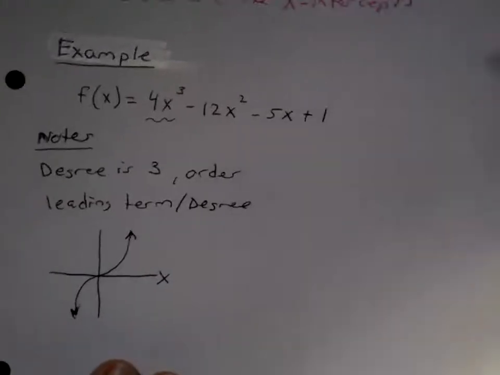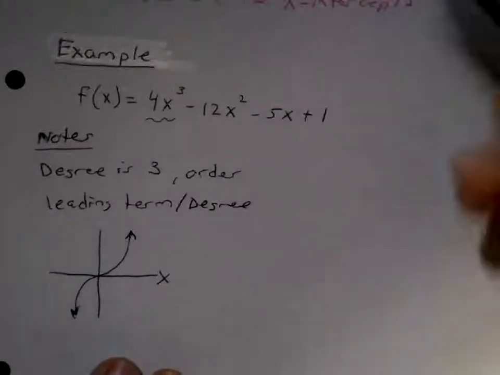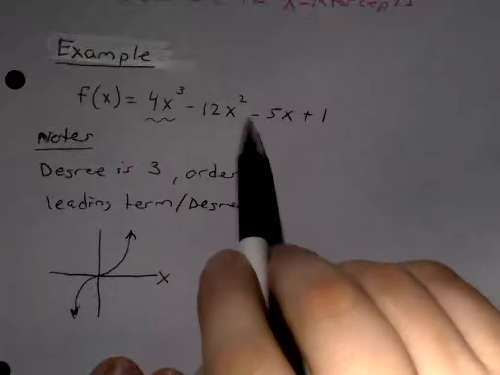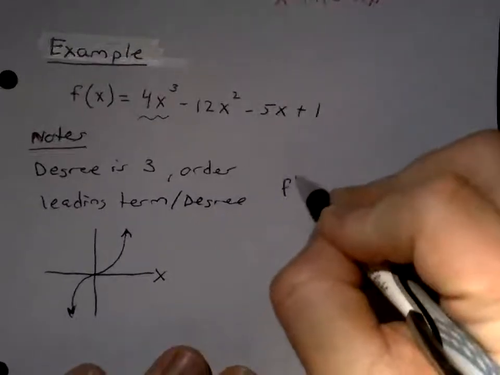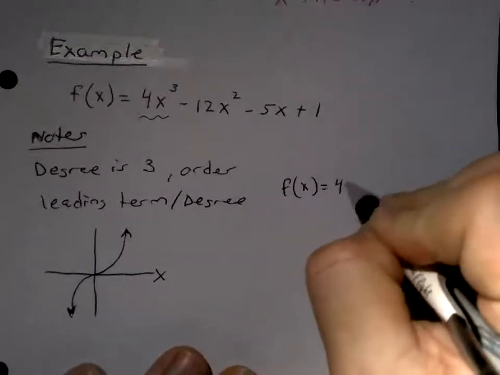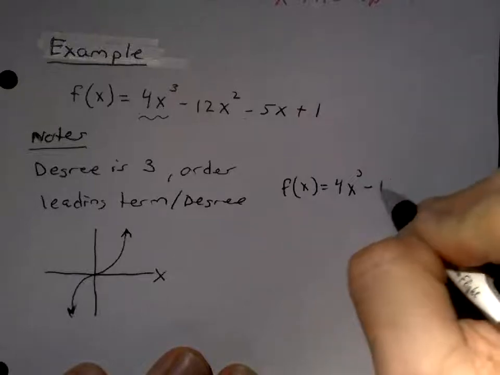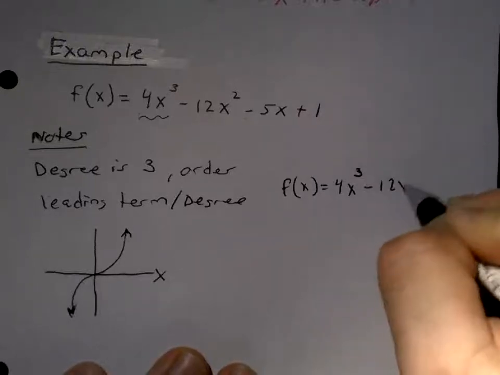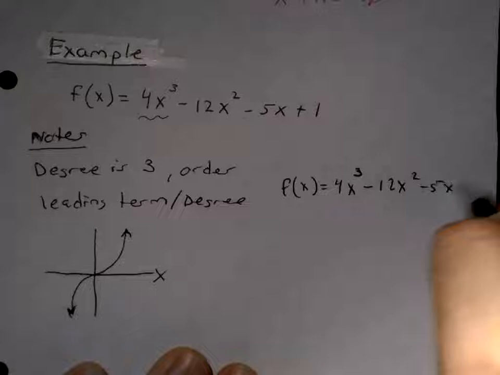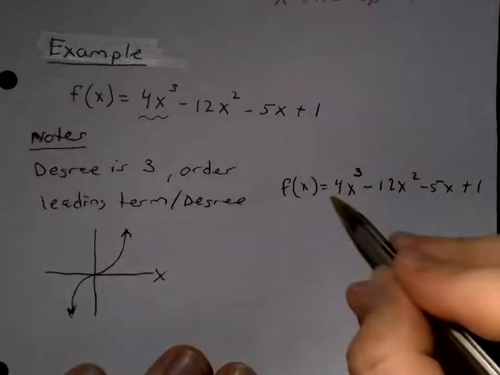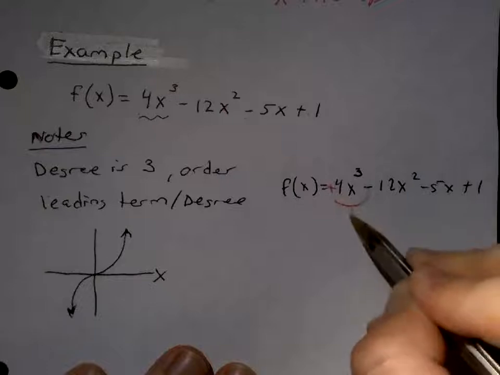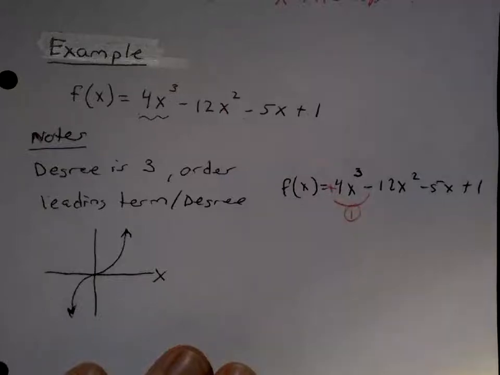Well, the first thing we're going to do is look at the sign changes. So we're going to take this for a minute here, and we're going to look at the sign changes. So let's go ahead and rewrite this, if you don't mind. Okay, so from here to there, there's one sign change.